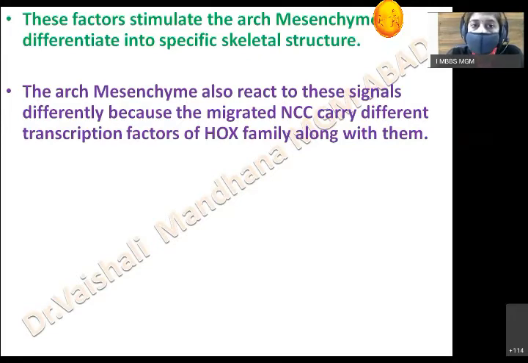How does this happen? Because the neural crest cells migrate into the arch mesenchyme, but they also carry some transcription factors. Some genes of the Hox family are in the neural crest cells which migrate into the arch. So the reaction of the neural crest cells of each arch will be different to the stimulation by the pharyngeal pouch.